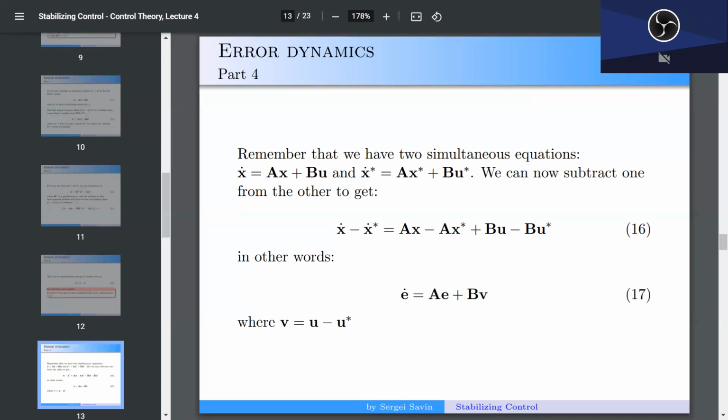Okay, sounds fair enough. Now we have a new equation. You can see this equation number 17 on the bottom of the slide. Can someone tell me how to deal with this equation? I want it to be stable.